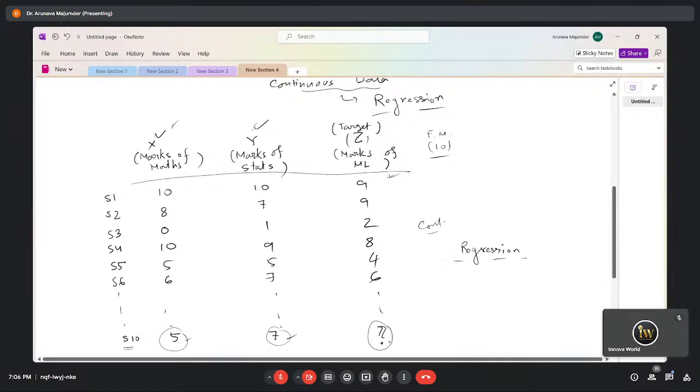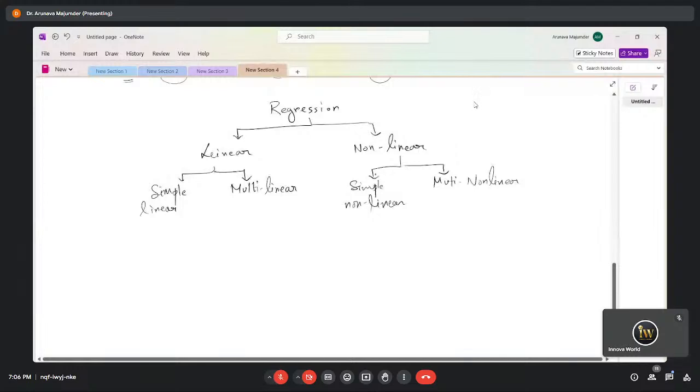If the number of independent variables is more than one, then it is called multilinear or multi nonlinear. If the number of independent variables is only one, then it is simple linear regression.